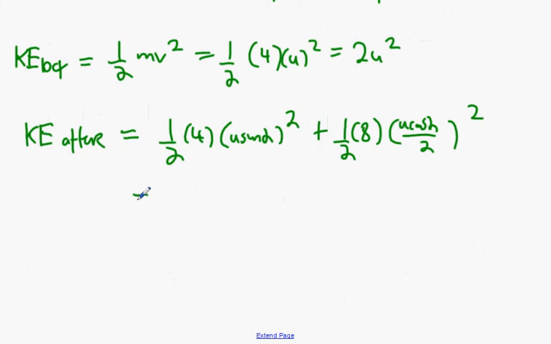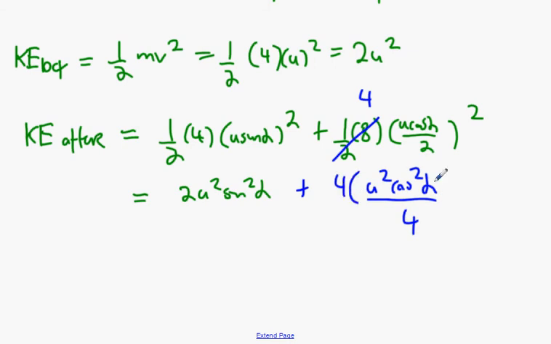Okay. KE after is going to be 2 u squared sine squared alpha. A half times that is 4. And then square that out. It's going to be u squared cos squared alpha all over 4 times 4. And that is going to be, what's it going to be? It's going to be 2u squared sine squared alpha plus u squared cos squared alpha.